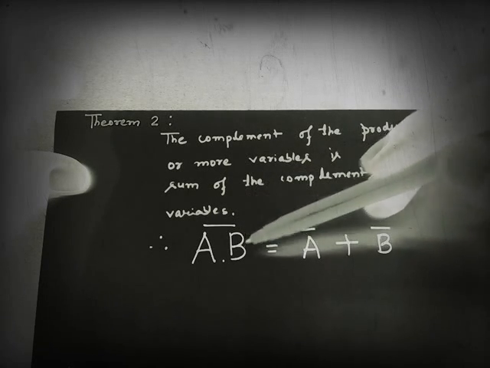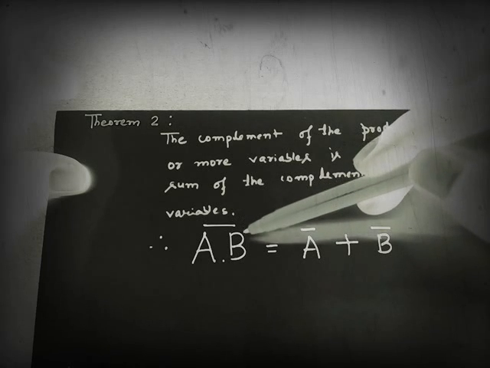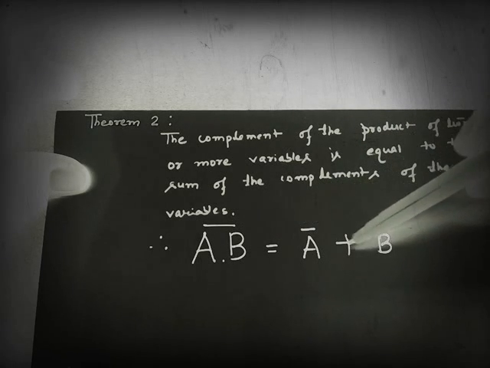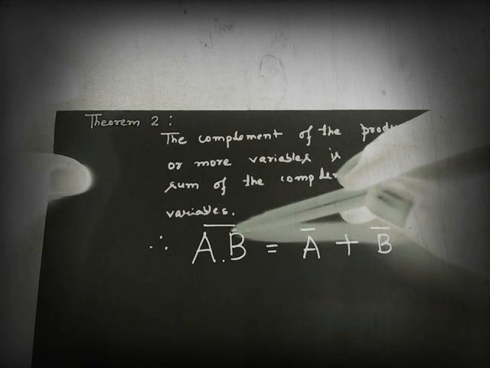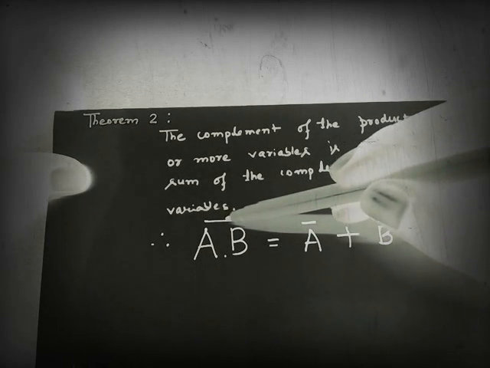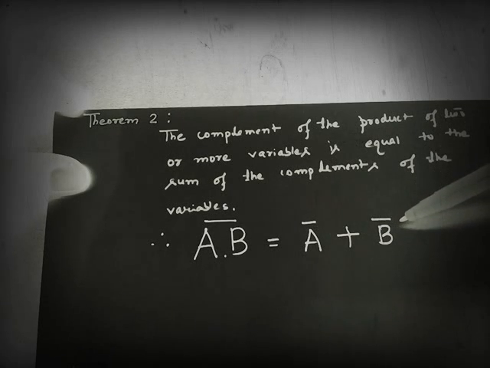That is, there is already a product of two variables and I am taking the complement, but it becomes the addition of the complements of these two variables. So the complement of the product AB becomes equal to the sum of the complements of these two variables.